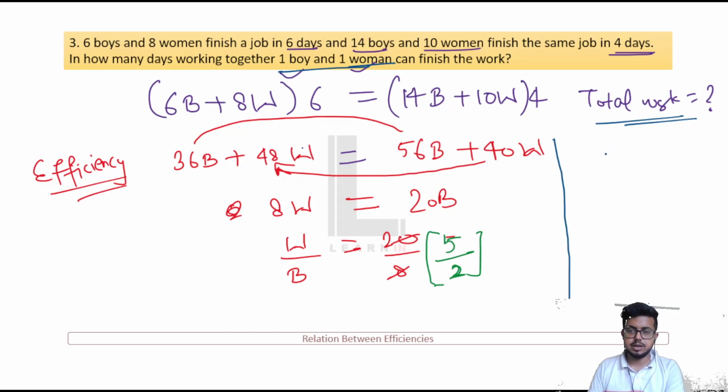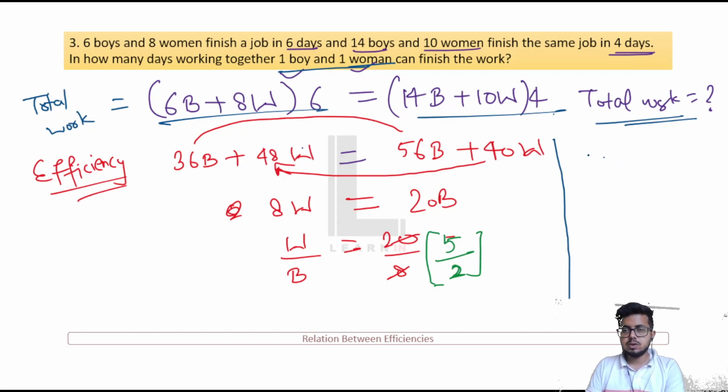This was also the total work. So we can put efficiencies in any one of these two formulas and get the total work. No matter where you put these values, you would find the same work.